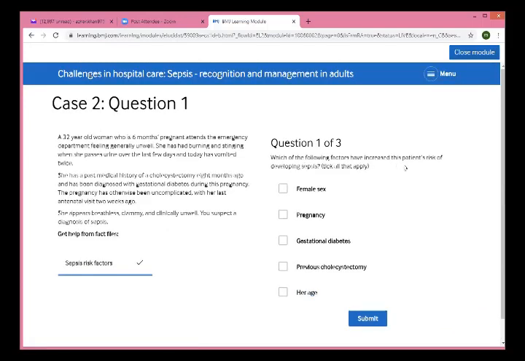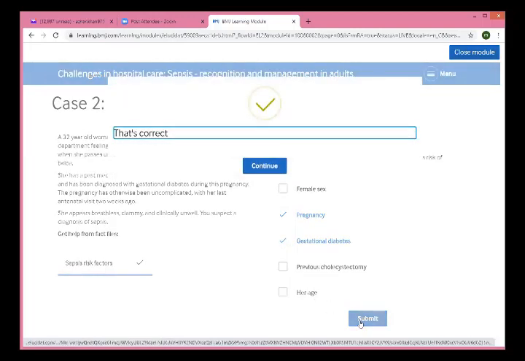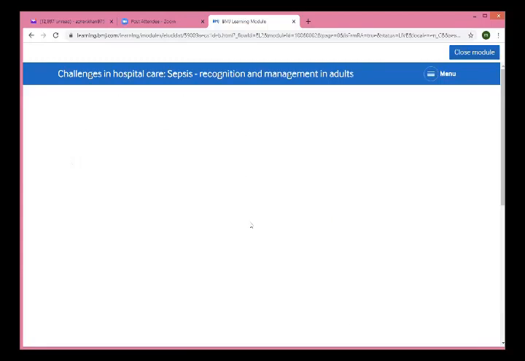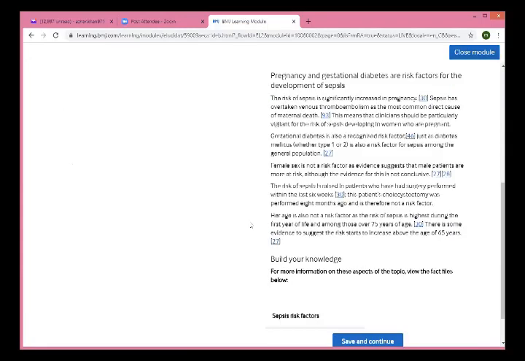Which of the following have increased the patient's risk of developing sepsis? Tick all that apply. Pregnancy, gestational diabetes. So this is all about the risk factors.